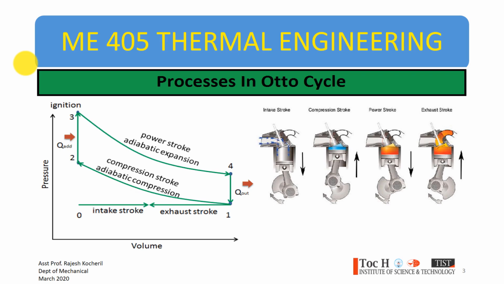The main processes involved in an Otto cycle, we can say, let us take a small petrol engine. There are 4 different processes involved in it. This process can be analogous to the digestive system of a human body, where we open our mouth and feed food into it.